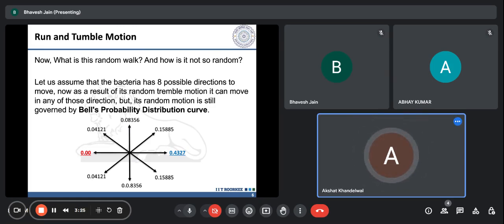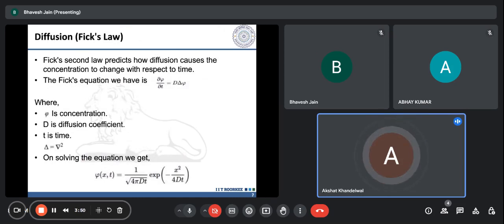We can see that 0.43 is the probability in the direction where the bacteria wants to go, and in the opposite direction it has probability 0. All these probabilities are derived from Bell's probability distribution curve, which was shown earlier, and we are taking the assumption that the bacteria in our simulation can only move in 8 possible directions, and all the probabilities are shown here.